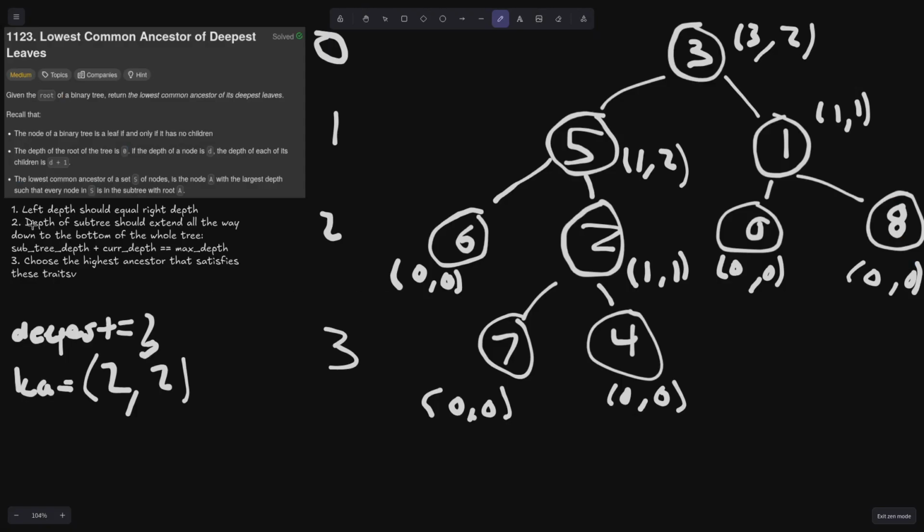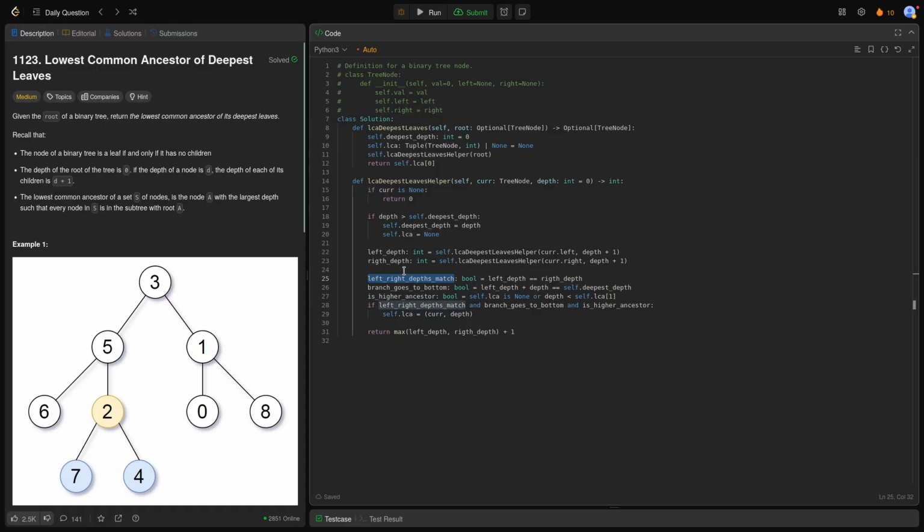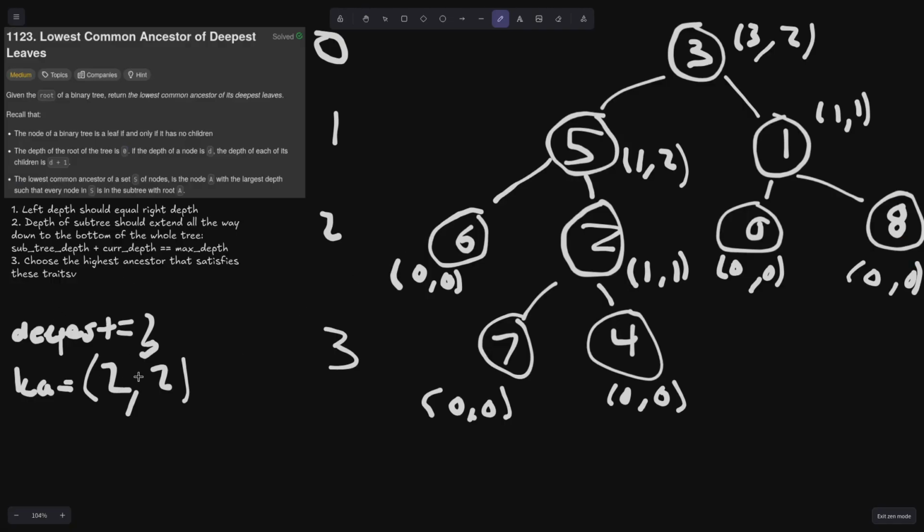So this is the second one. Depth of the subtree should extend all the way to the bottom of the whole tree. And then our third condition is higher ancestor. If self.lca is none, or depth is less than self.lca[1], which is the depth of the LCA as we defined here, this is depth, and this is LCA.